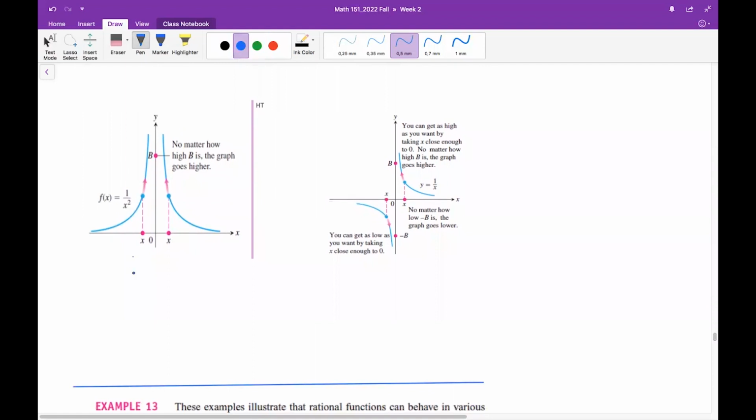You can look at the limit of this function as x goes to 0 from the right and from the left. From the right it grows too big, and there is a certain symbol we use to describe this behavior. Similarly from the left it grows too big again, so both limits are infinite.